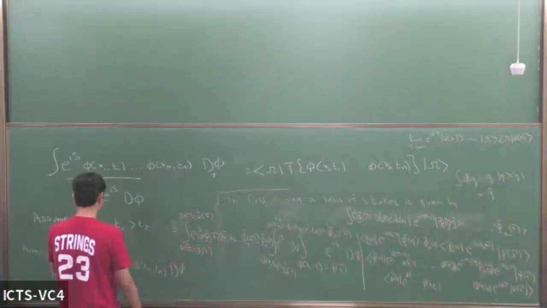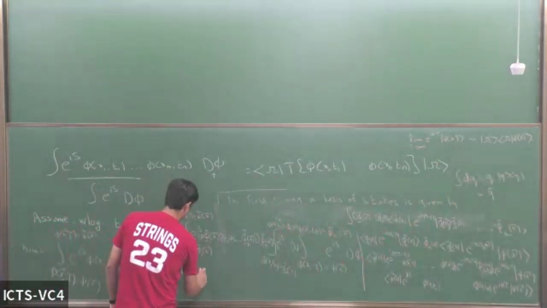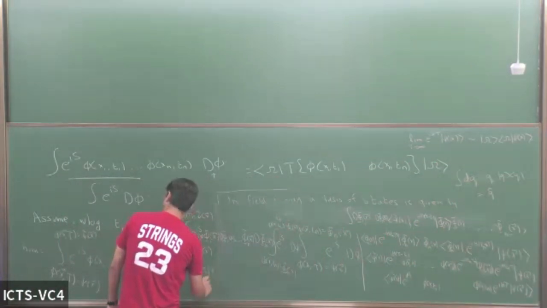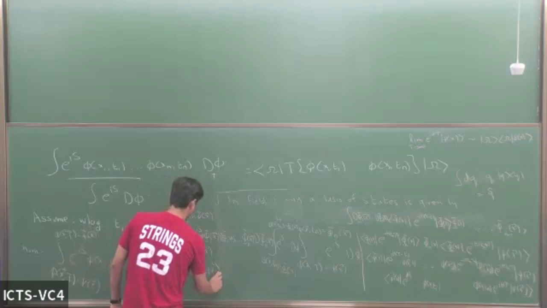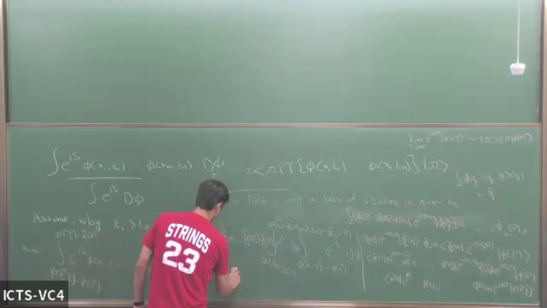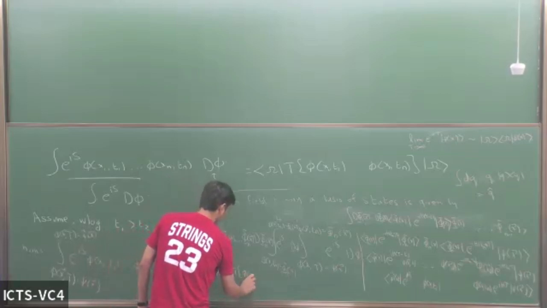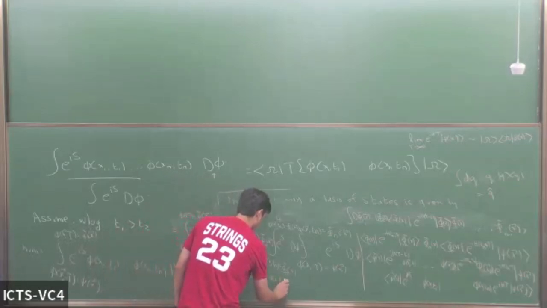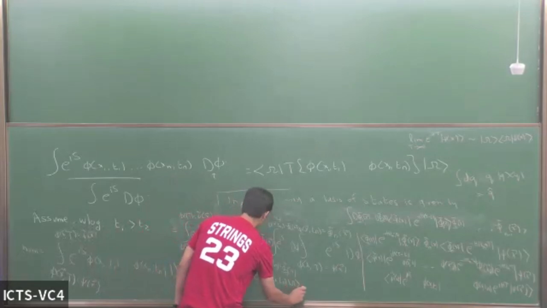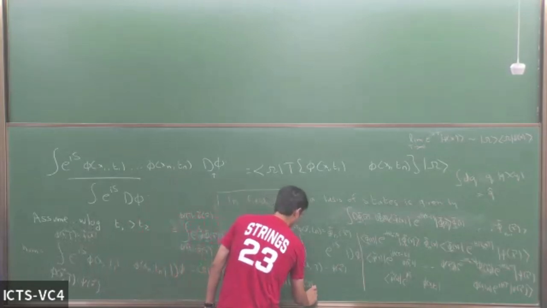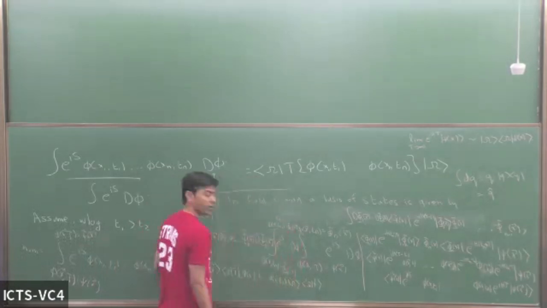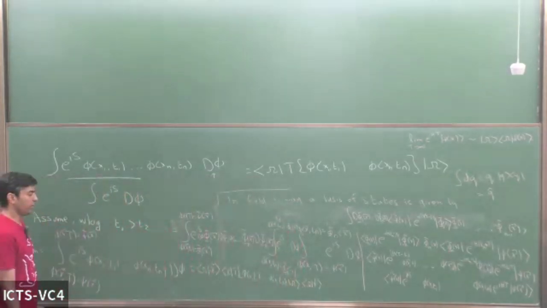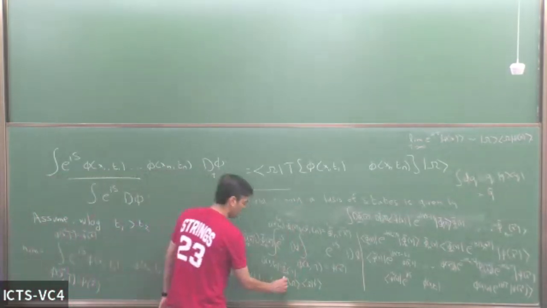So the numerator is just equal to the vacuum times psi tilde, times the vacuum times the time ordered product of phi x t1 to phi x tn, times the vacuum, and then we get here again the vacuum times psi, which is this other boundary condition. This is the numerator. The denominator is obviously the same thing but without any of the time ordered products.